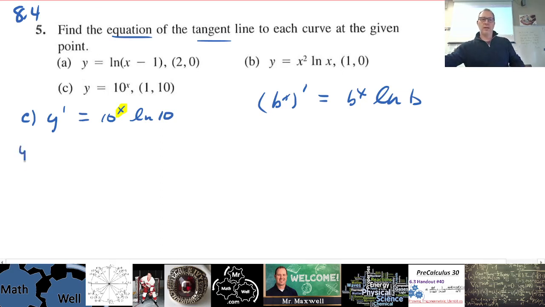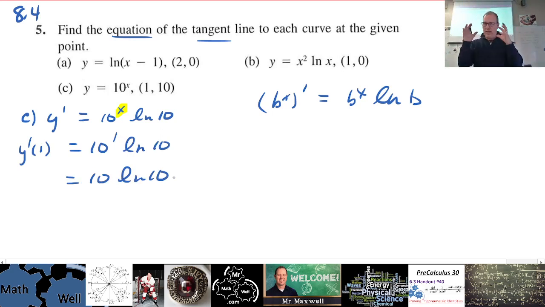So if I want to find out what is the slope at 1, I go 10 to the 1 times ln 10, which is just 10 ln 10. And you're going to use that as your slope value. Don't do a decimal, just leave it like that. So 10 ln 10 is going to be the exact slope of the line there. So that's the slope at the point 1 comma 10.